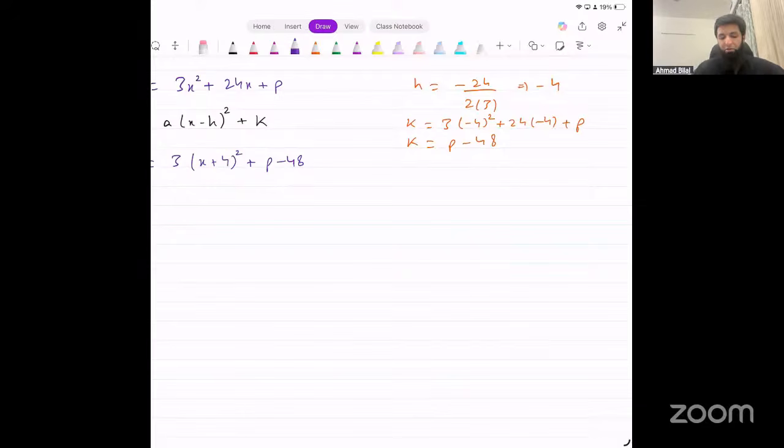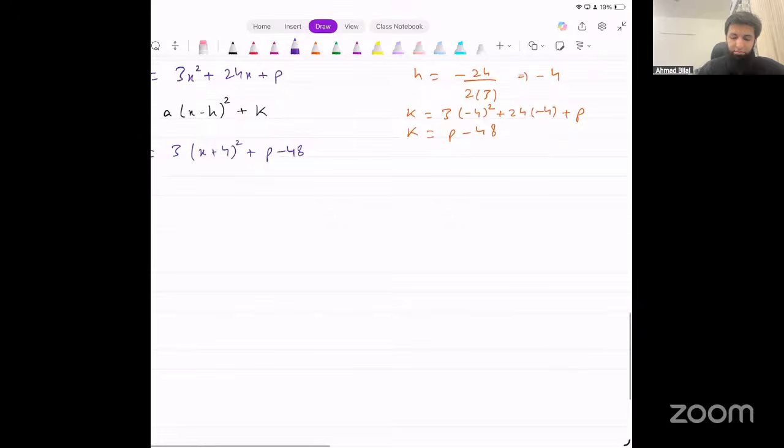Now in this form, what you want to do now is, using this form, they are saying, find the set of values of p for which this equation has no real roots. Let me write that down here for everyone.